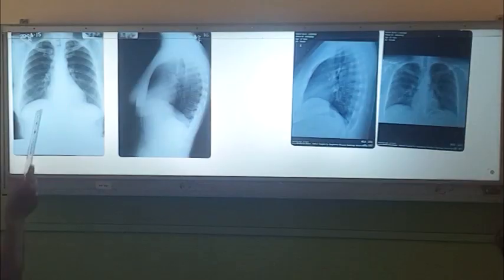Then there are nice lines, right? This is the ascending aorta, and this is the right atrium, and this is the right hemidiaphragm. For you to get these nice lines, there should be a soft tissue margin, and next to that there should be air. That is how you get these nice lines, right?